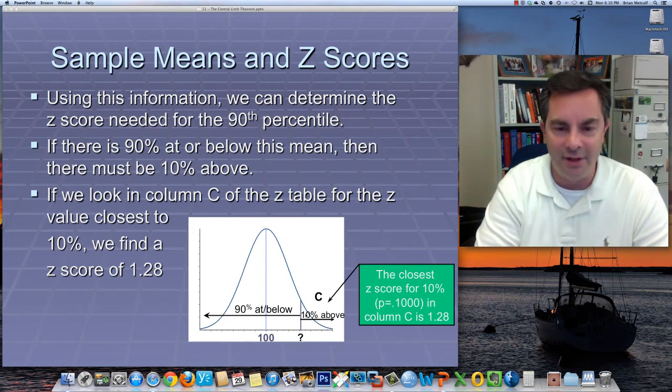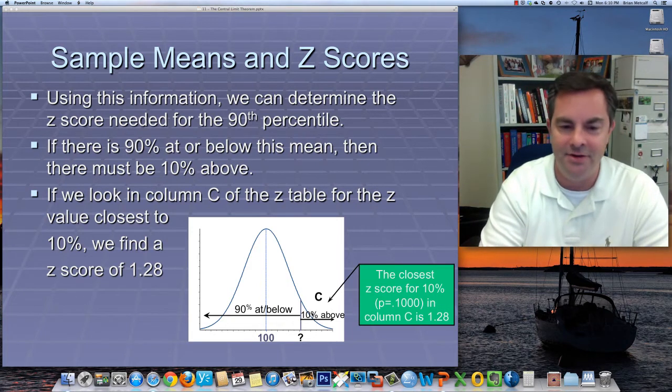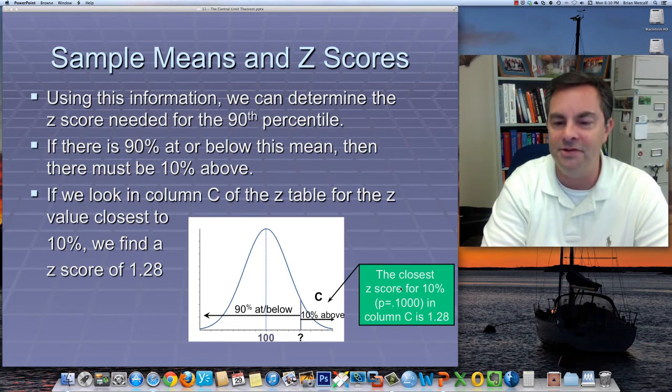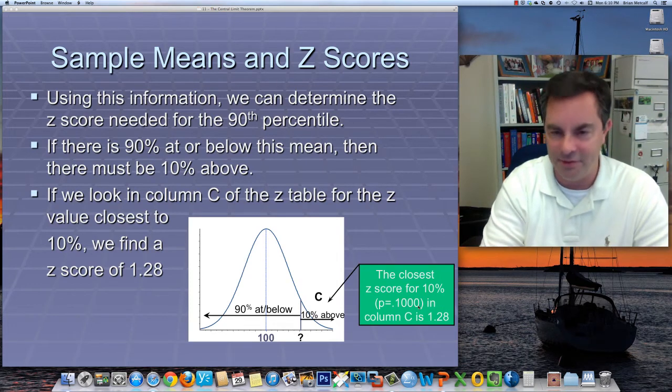Now the z-score table, again, is in proportions, p-values, not percent. So I have to convert 10% to a p-value. 10% converts to a p-value of 0.1, right? 10 divided by 100, to go backward to get a p. So a p-value of 0.100 is 10%.